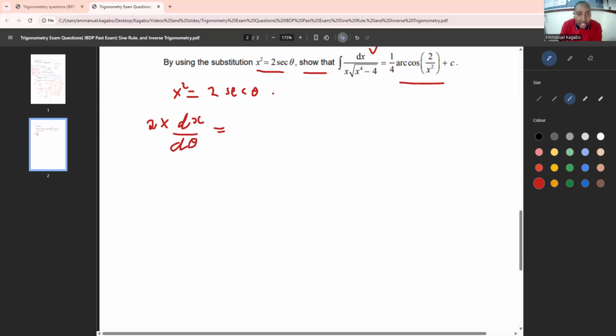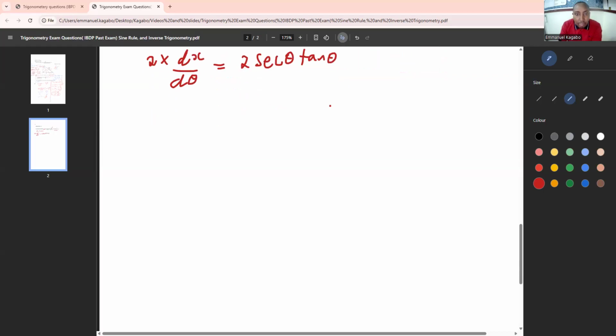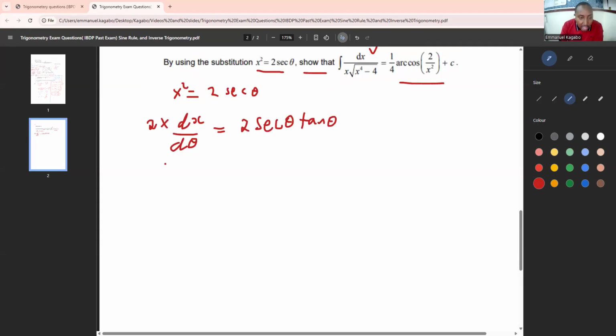What's the derivative of sec theta, guys? Check your formula booklet. It's going to be 2 sec theta tan theta. Now, when I reach here, I need to make dx over d theta the subject.